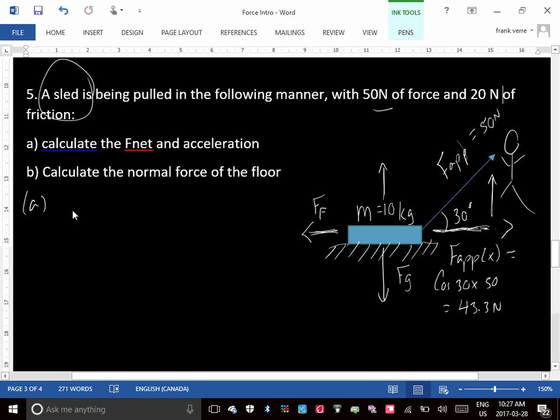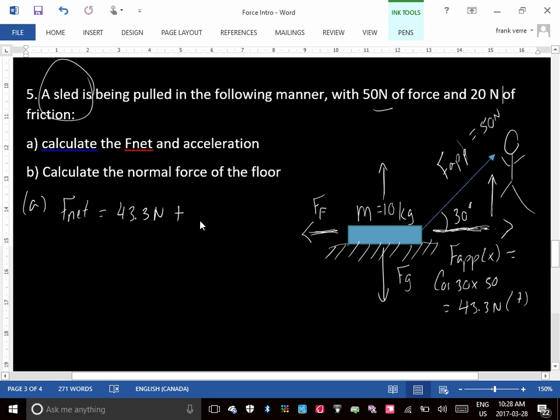So let's think about this then. The net force, the definition of net force is sum of the forces, right? So we have one force pointing to the right, which is 43.3 newtons. And it's pointing to the right, so we're going to make that positive. Okay? And we're going to add friction, but which way is friction pointing?